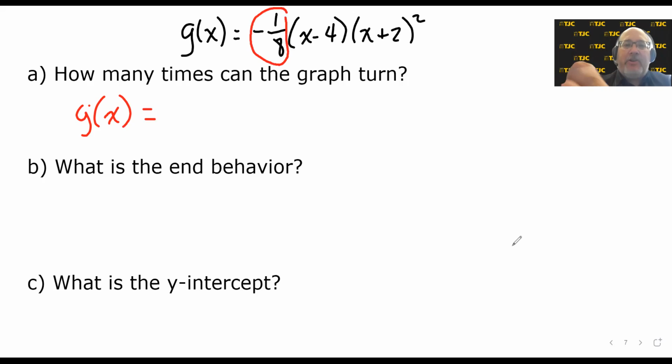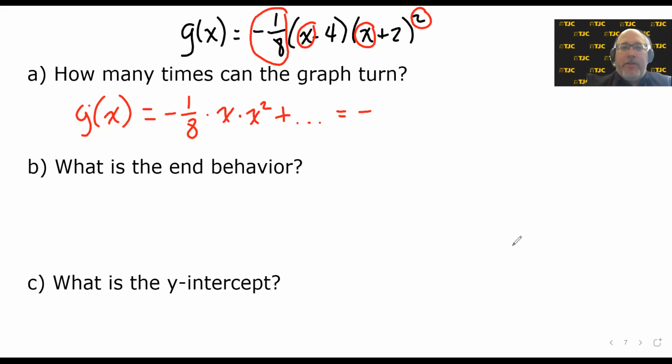-1/8 is considered a factor. It's its own leading term. x minus 4 is a factor. Its leading term is x. x plus 2 is a factor. Its leading term is also x, but that factor has a square on it. So all I have to do to find the leading term is to multiply the leading terms of the individual factors. -1/8 x and x squared, plus a bunch of stuff afterwards, which doesn't concern me because it's only the degree that I need to know, and that comes from the leading term.